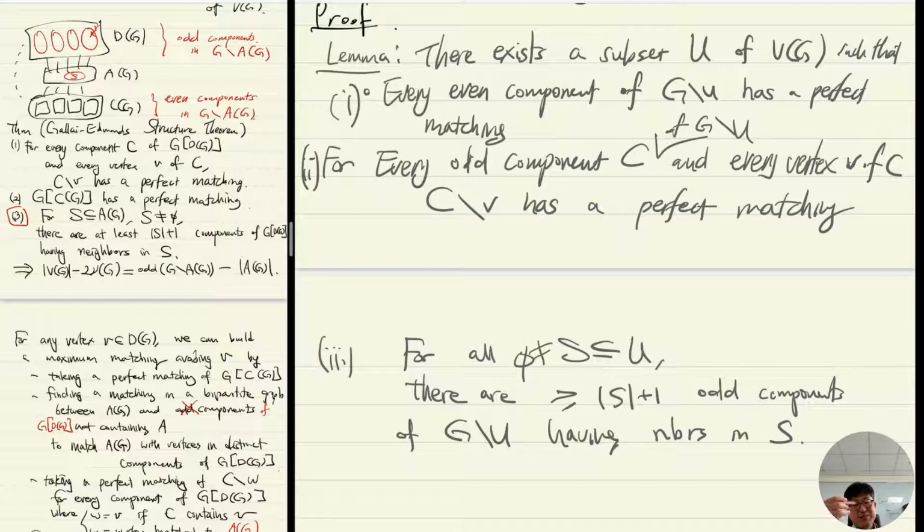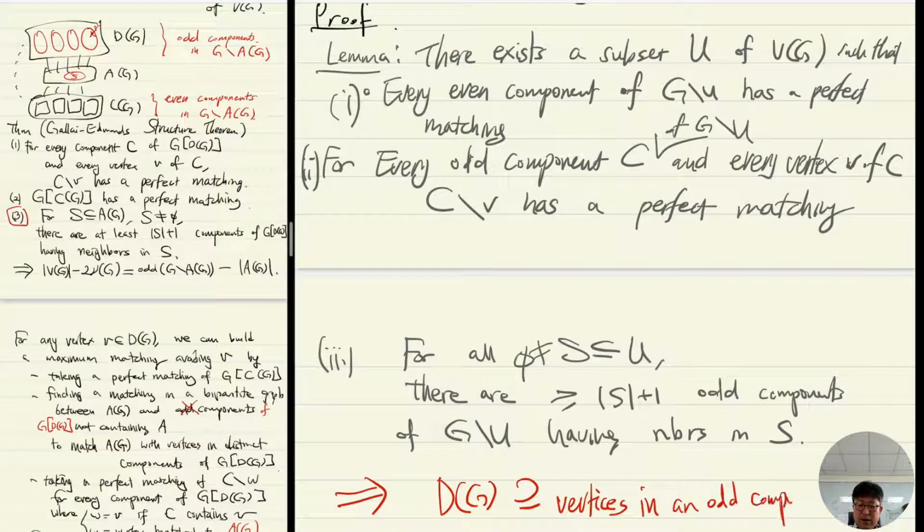By the same logic, I can build a maximum matching avoiding any vertex in the odd component of G delete U. Which means that A of G, no, this means D of G must contain vertices in an odd component of G delete U.